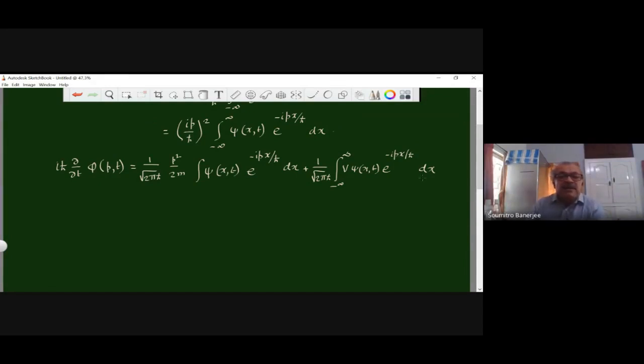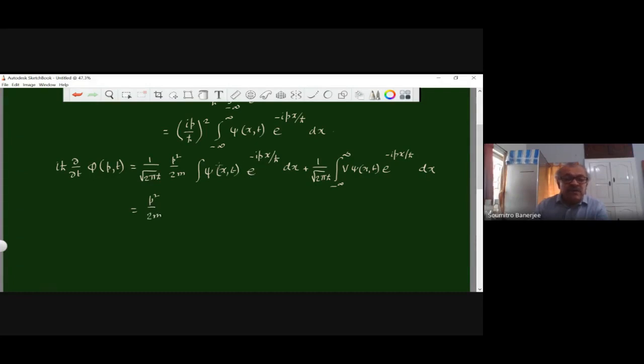Now you see that this is nothing but the Fourier transform of psi, and this is nothing but the Fourier transform of V psi, right? So we can now, in brief, write here p square by twice m.